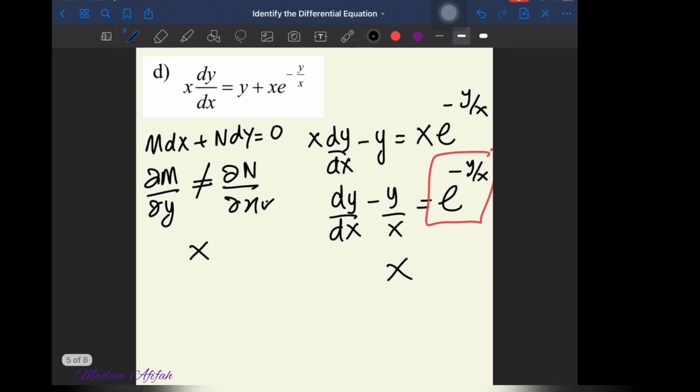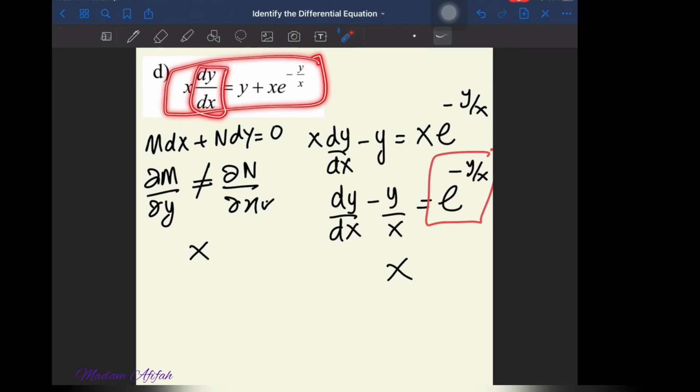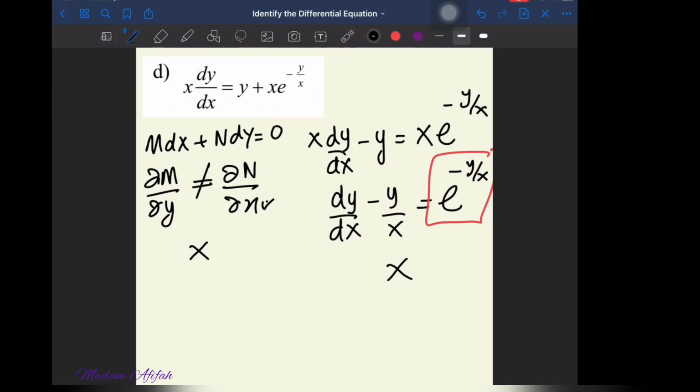As you can see here, you can write dy/dx as a subject. Okay, so you will have dy/dx is equals to (y plus x e^(-y/x)) over x.